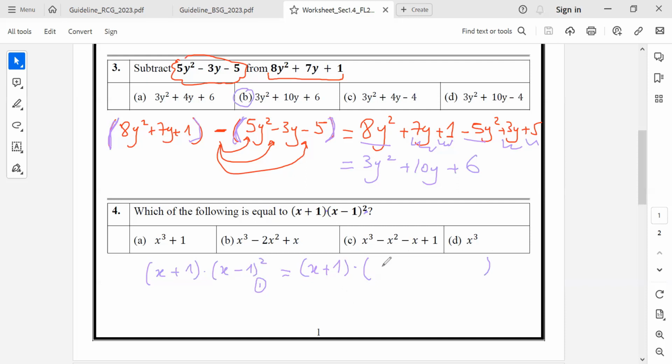So x minus 1 squared: the first squared, minus 2x times 1, minus 2x, plus 1.